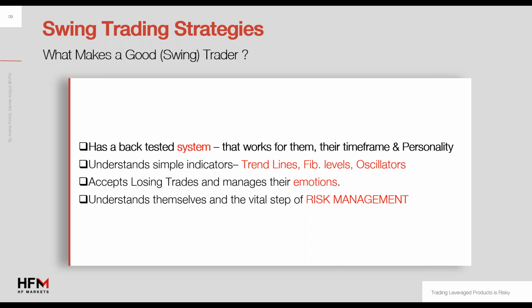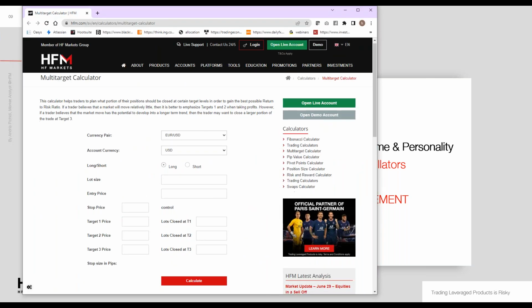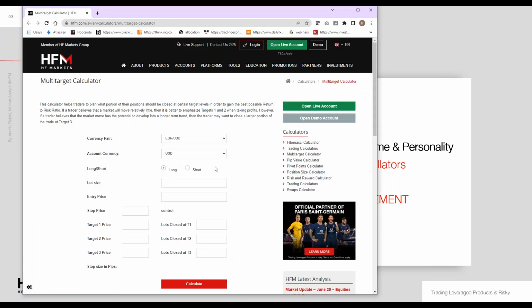Let me just show you something. Yeah, here. Over here, you can add your position, the lot size that you have open, your entry price. Actually, first of all, I have shown them in the past, guys.